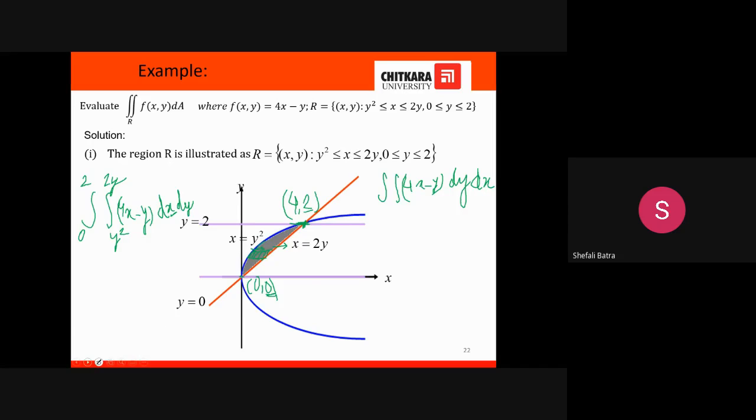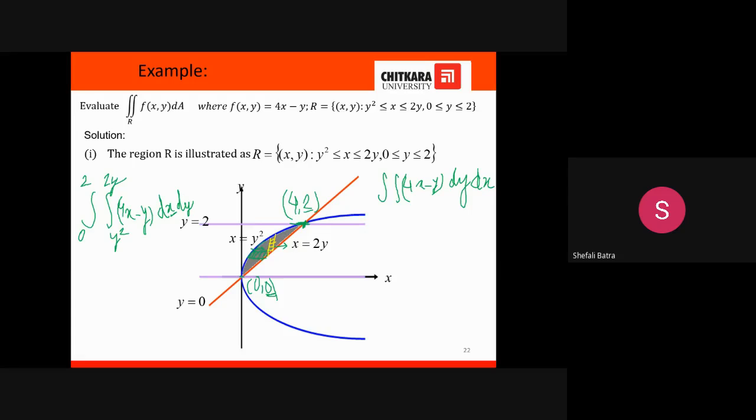making a strip parallel to what? Parallel to, yes, y-axis. I'm writing dy, so parallel to y-axis. So now I'm drawing this parallel to y-axis. So now tell me, what will be the lower limit and upper limit?